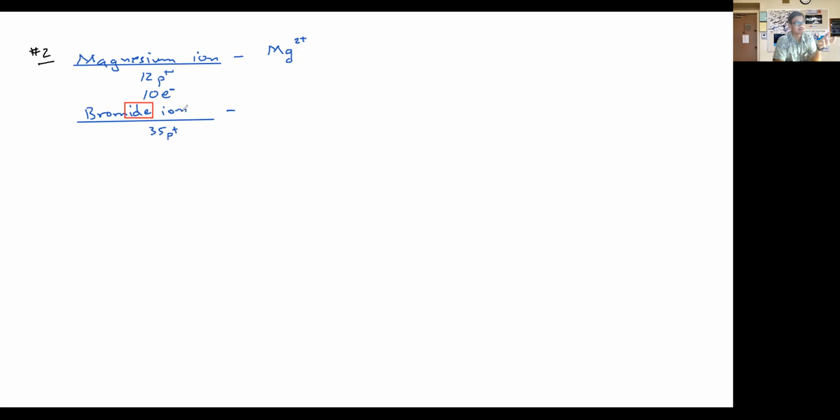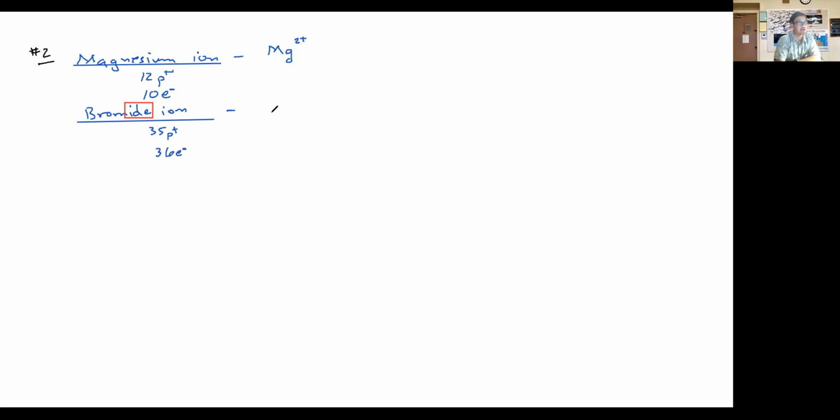As a 7A non-metal, it's only going to need one more electron to complete its octet. So it will end up with 36 electrons. That would be the composition of the bromide ion.